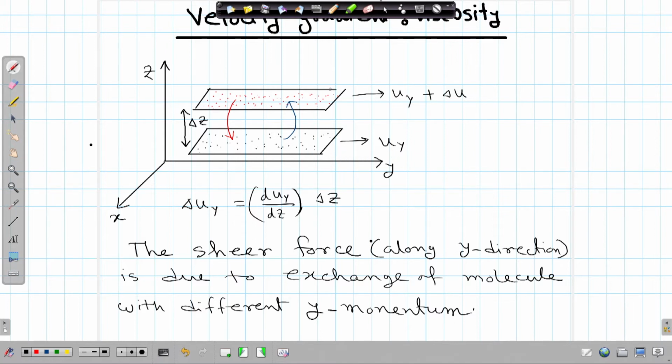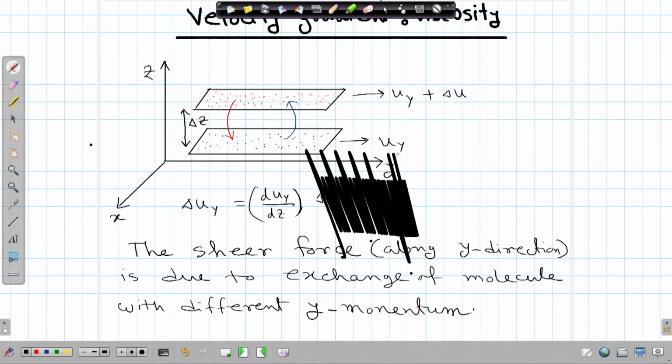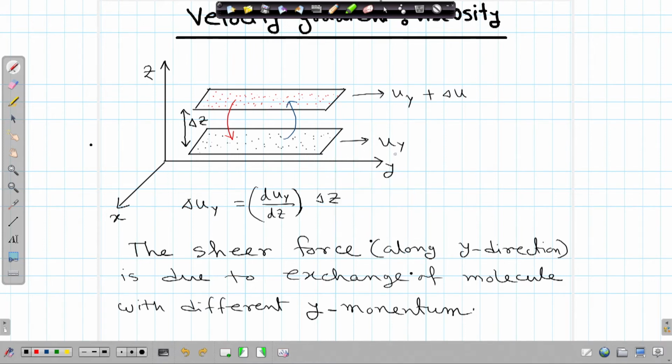Now, when they are moving along the y direction, one layer is moving with u_y and the other layer is moving with u_y plus delta u. Now, delta u is given by du_y/dz multiplied by delta z, where delta z is the mutual separation between these 2 adjacent layers.